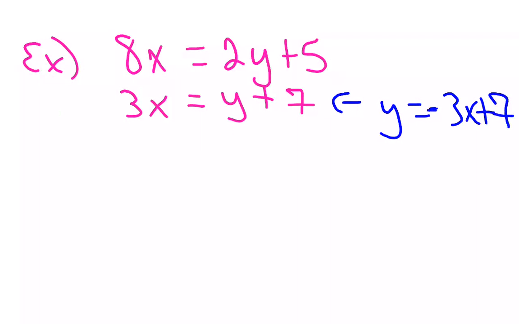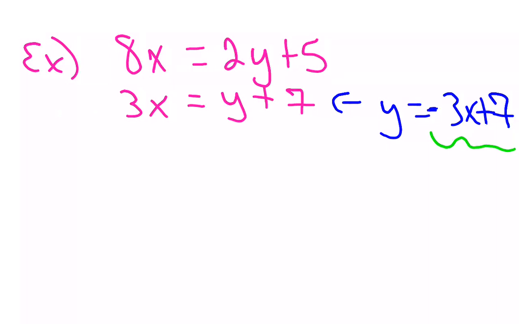Because it makes it easier to not have any fractions if I have a variable that only has a coefficient of 1. So what we just did there is solve for y, which means y is the same as all of this. So y is the same as negative 3x plus 7.